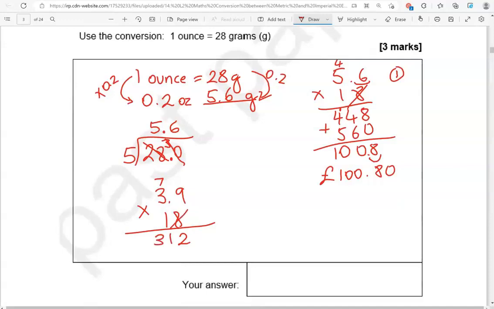Finished with the 8, so we put a 0 down. 1 times 9 is 9, 1 times 3 is 3. So we have 2 here. 1 and 9 is 10, 0 down, 1 carried over, 3 and 3 is 6, and the 1 is 7. First number has 1 decimal place, second number doesn't have any, so we give the answer 1 decimal place. So that is 70.2, which is £70 and 20 pence.